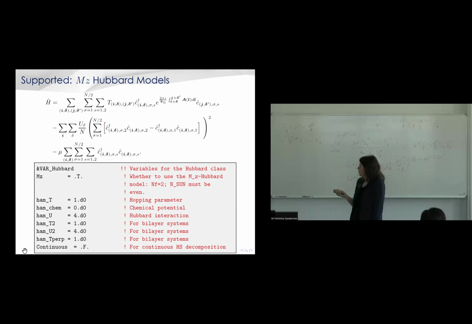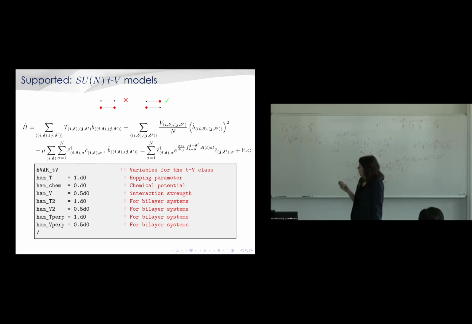So if you want to get the Hubbard model, you put NSUN equals 2 here, it'll turn it into a 1 there, and then you put 2 flavors in as well. So this is something that might be a little confusing about this one in particular. And this model is defined only for NSUN even, but all of this is also written as a comment here.